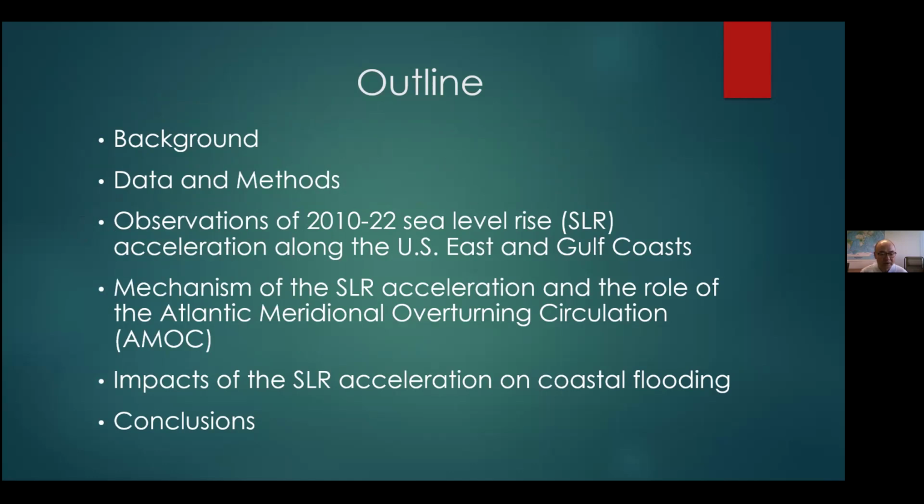In part four, I will discuss the mechanism of the sea level rise acceleration, especially the role of the Atlantic Meridional overturning circulation, AMOC. In part five, I will focus on the impact of the sea level rise acceleration on coastal flooding. Finally, I will draw the conclusions.